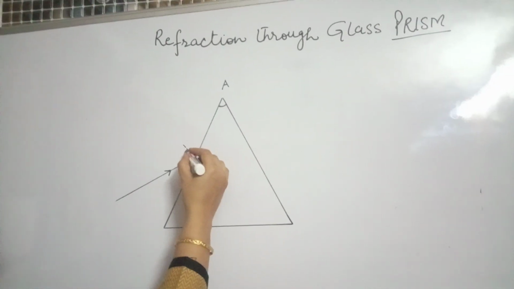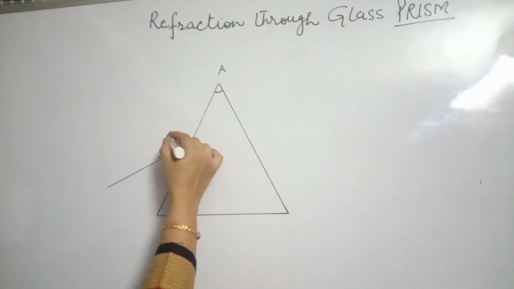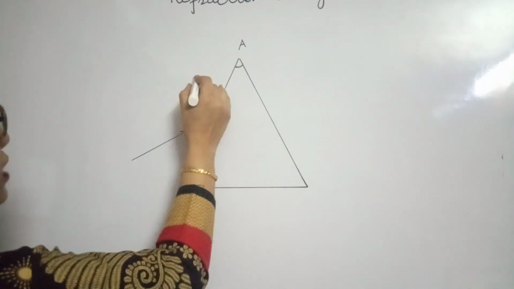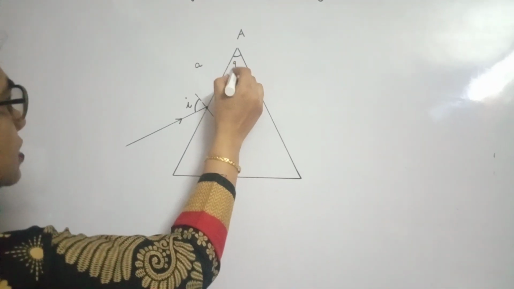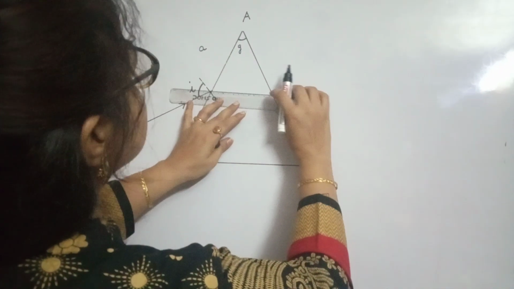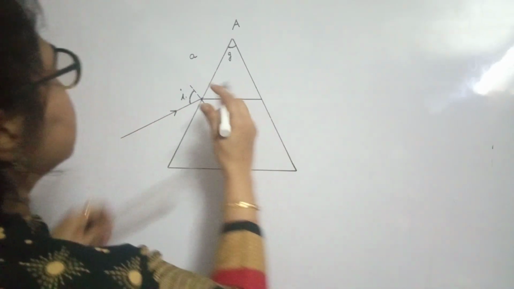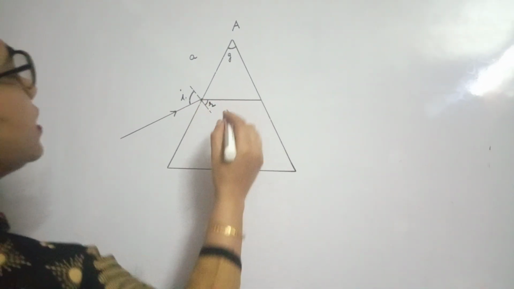This is the angle of incidence I, between the incident ray and the normal. And you know the rule: when a light ray travels from air to glass, it bends towards the normal. This is angle R. R will be less than I.